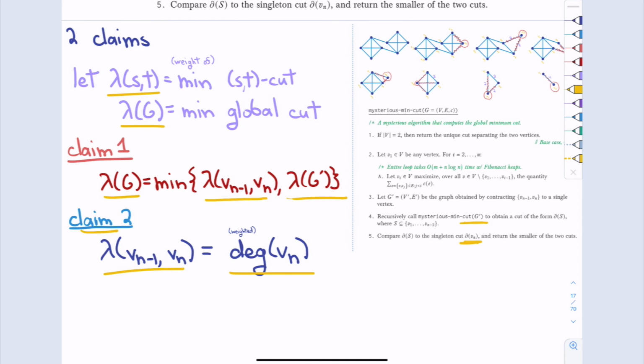So the claim is that checking that last vertex and the singleton cut induced by it gives you the minimum Vn minus 1 Vn cut. One of these claims is easier to prove than the other. Anyone see why either claim would hold true?